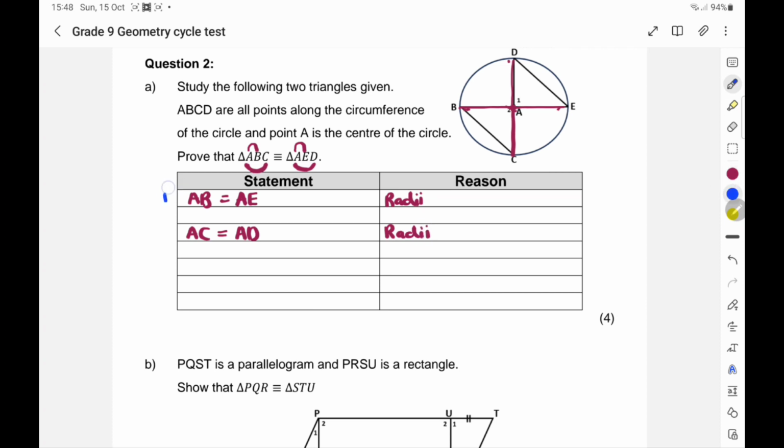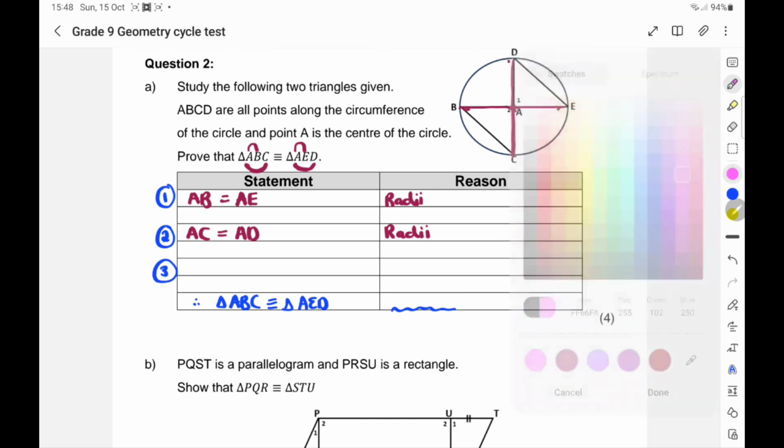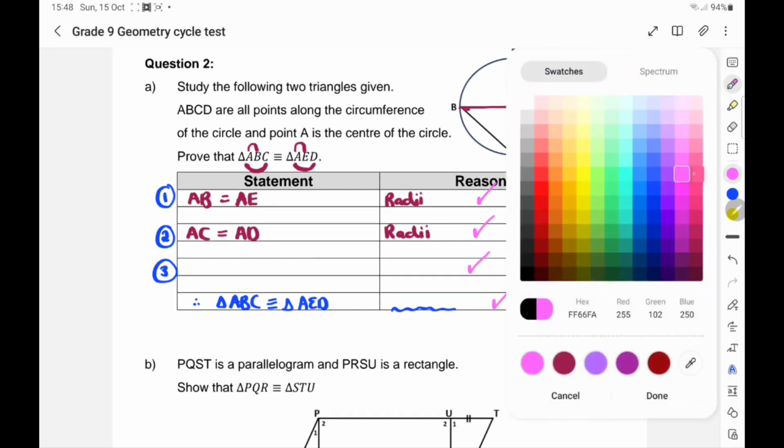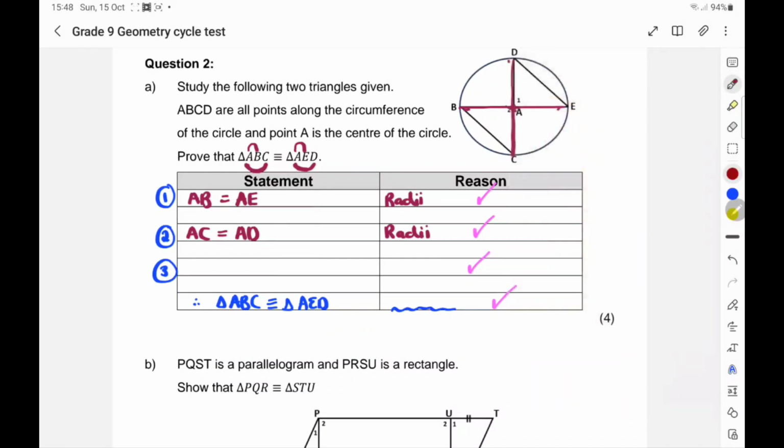Just remember, we need to list 1, 2, 3 things that are the same. Then we're going to say thus triangle ABC is congruent to triangle AED, and our reason. That will always be for 4 marks, like it is indicated there, 1, 2, 3, and then the 4th one for your reason. Let's continue.